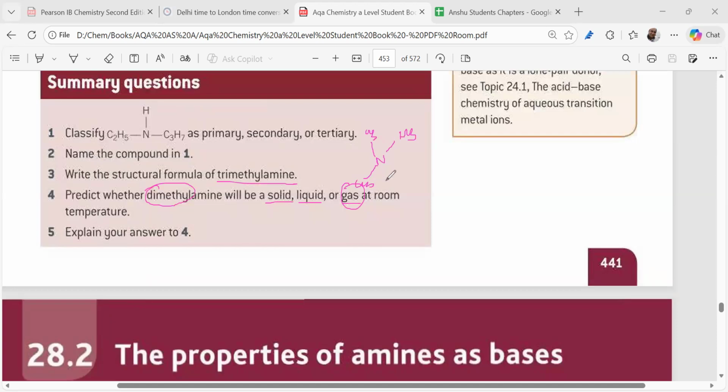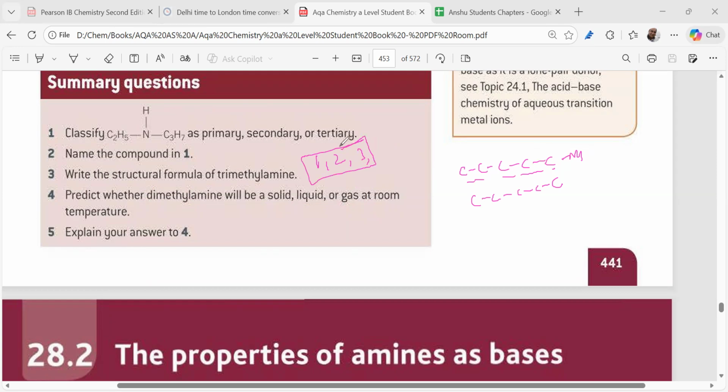Because if the carbon chain of the amine increases, more intermolecular force of attraction will be there. So with one, two, or three carbons, the amines will be gases at room temperature.